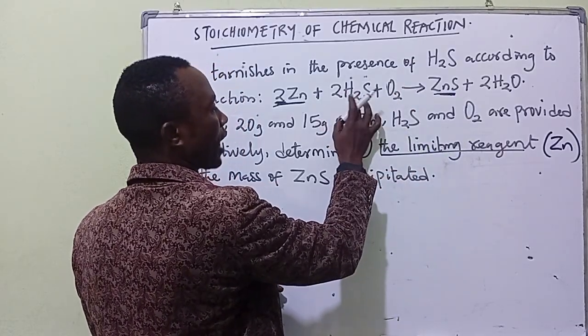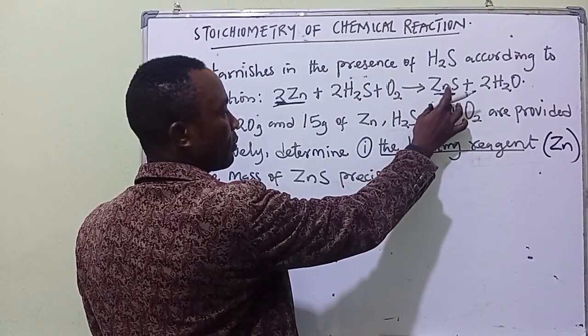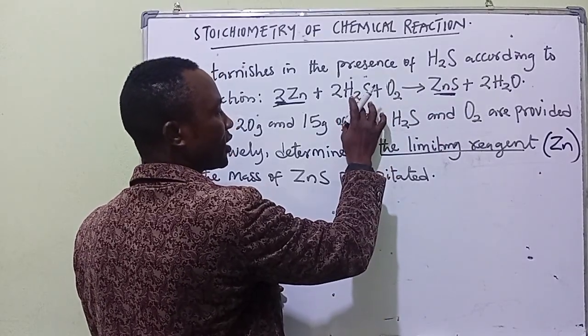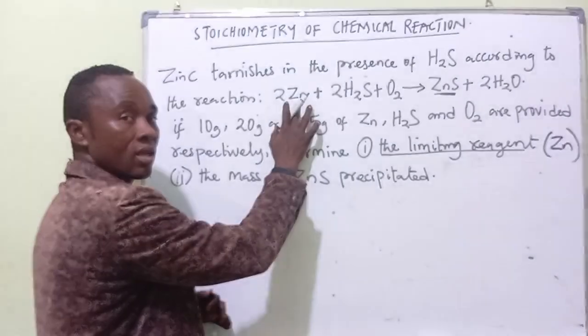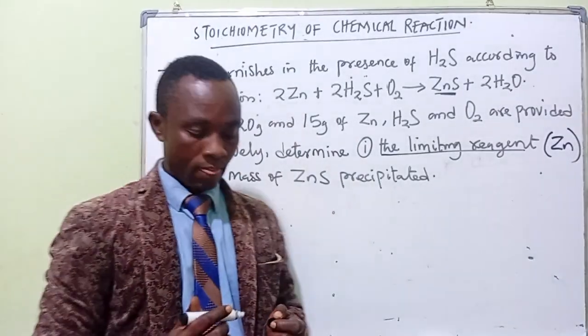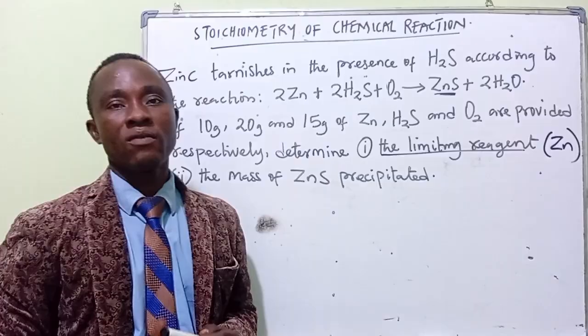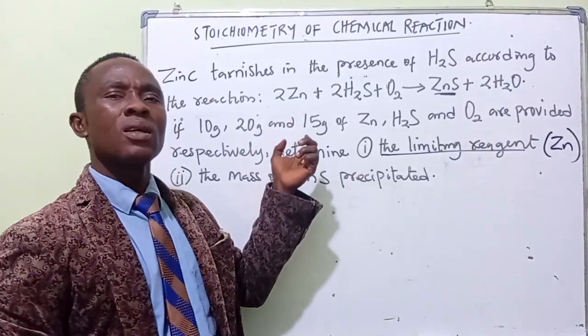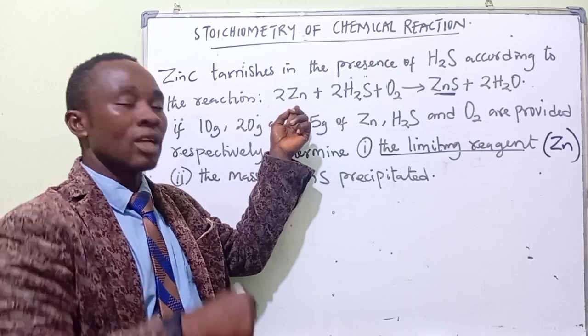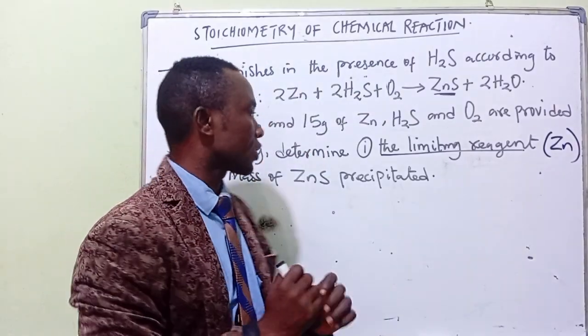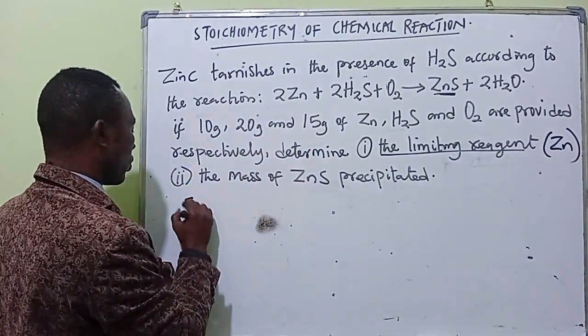We will not use hydrogen sulfide to get this, because hydrogen sulfide is not the limiting reagent. We must use the limiting reagent, which is zinc. Anytime you want to get the mass of product formed, you must use the reactant that is the limiting reagent, to compare with that product.